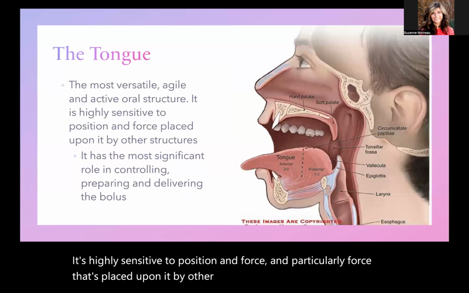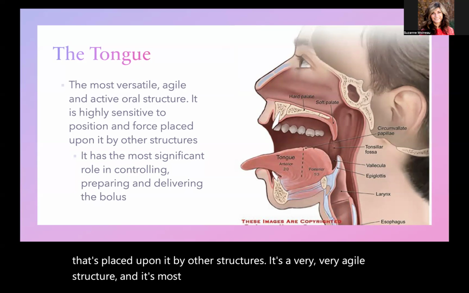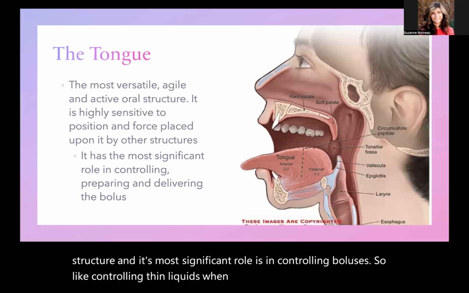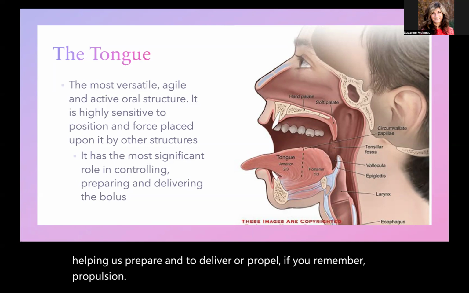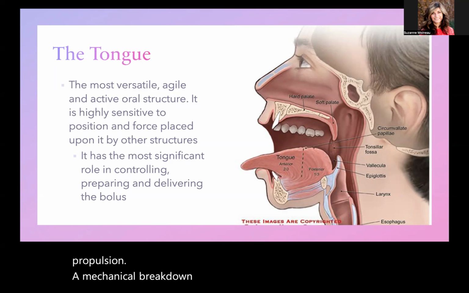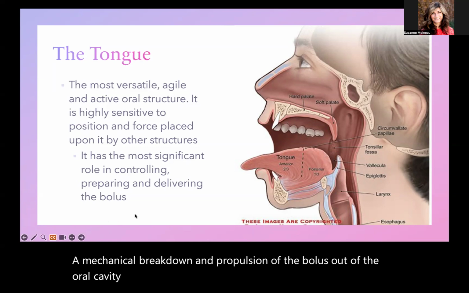It's a very, very agile structure, and its most significant role is in controlling boluses, so like controlling thin liquids when they get in our mouth, but also helping us prepare and to deliver or propel, if you remember propulsion, a mechanical breakdown and propulsion of the bolus out of the oral cavity. So that's its main function.